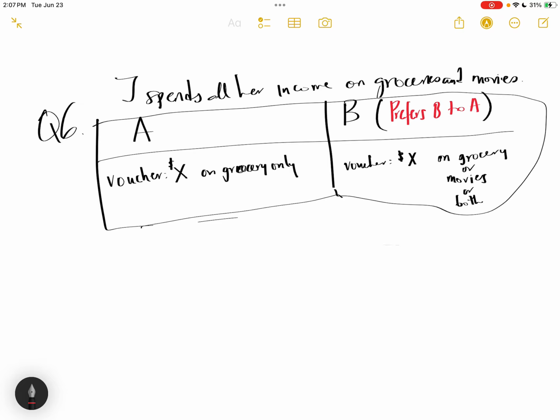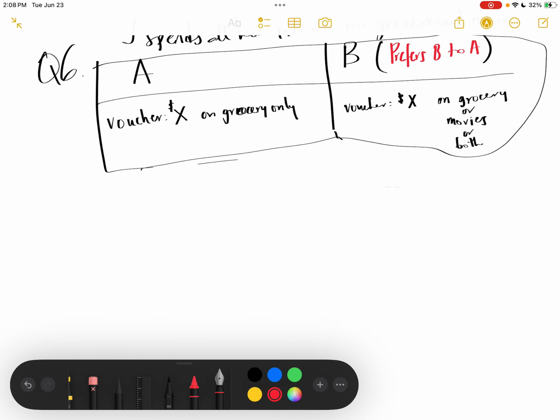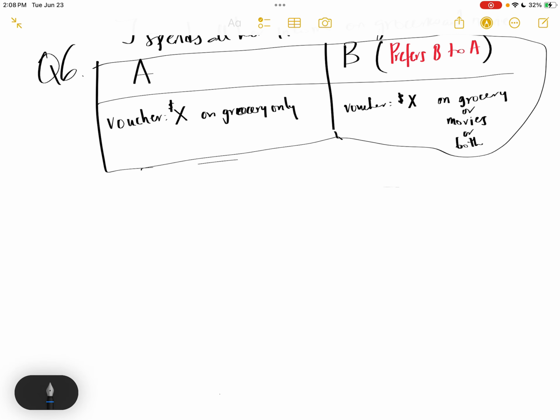Okay, so let's work through this and draw the budget constraint or the budget line for both options, right? So I'll walk us through these. Now, before we do that, let's go through some thought process here.